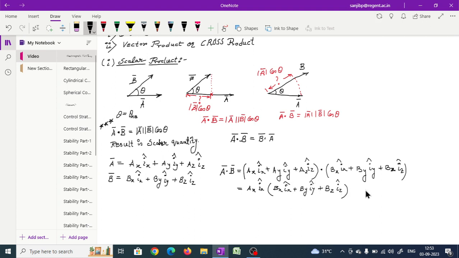So this is the first part. Next, similarly, the product between another, bx ix, similarly by iy, and bz iz.